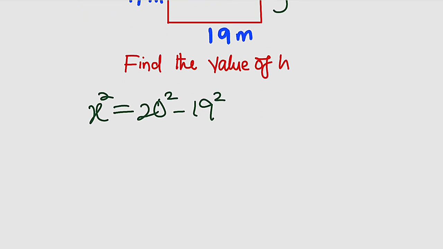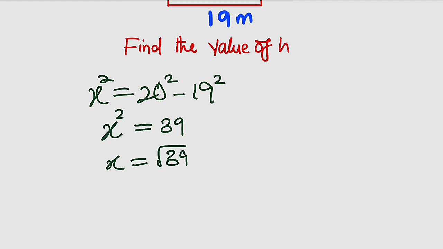And 20 squared minus 19 squared, according to my calculator, is going to give us 39. You can even use difference of two squares, that is 20 minus 19, which is 1, then multiply by 20 plus 19, which is 39. 1 times 39 is still 39. So this is x squared, and x will be the square root of 39.